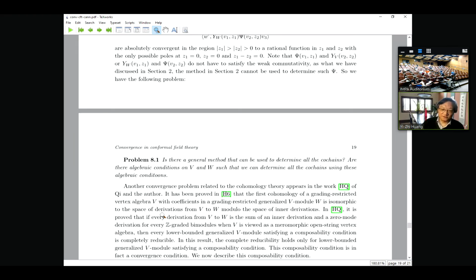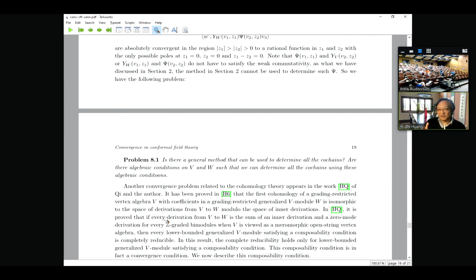This is in some sense similar to the associative algebra case. We prove that if the first cohomology is equal to the space of so-called zero mode derivations, that is, derivations constructed from some zero mode operator, then this gives us some derivation.